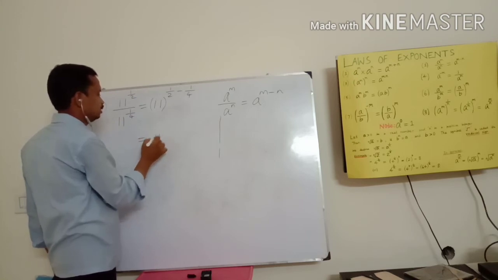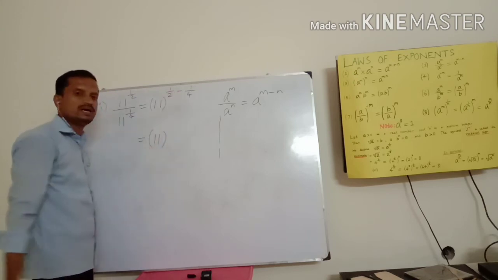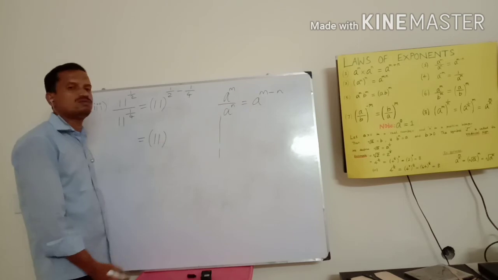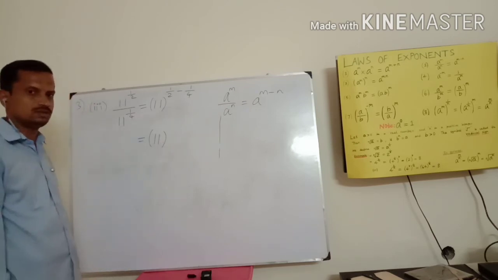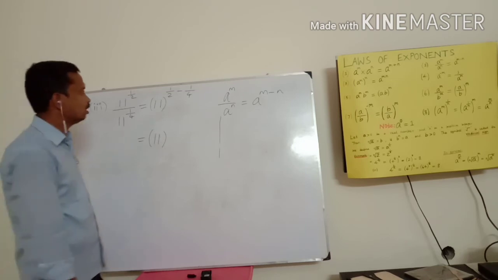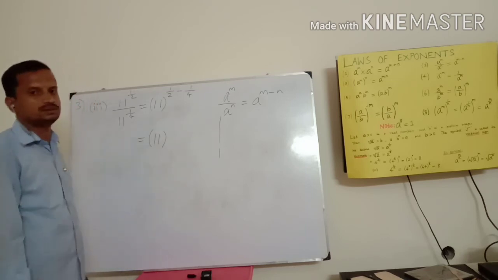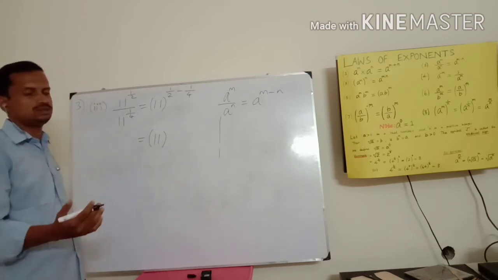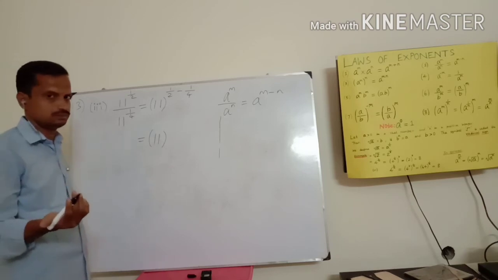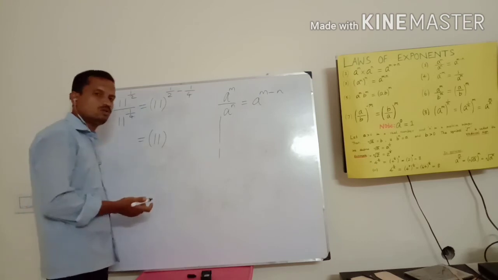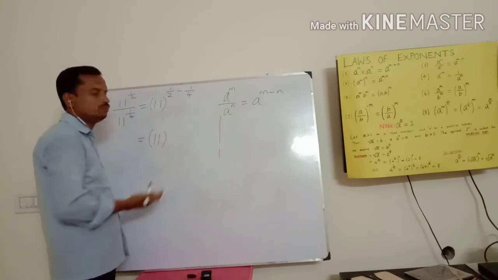So the half minus quarter. Do you know what is the answer? Directly half minus quarter. When we subtract quarter from half, what do you get? Yes, 1 by 4. But how to do it in an algebraic way?